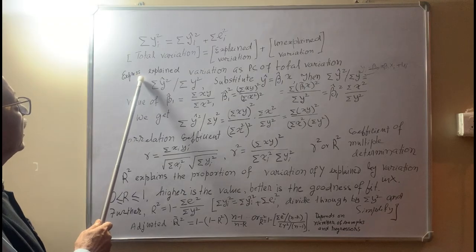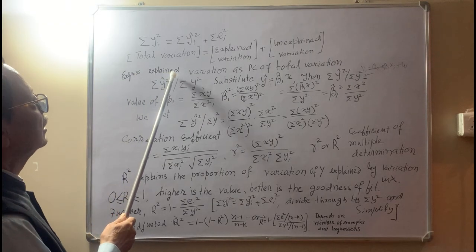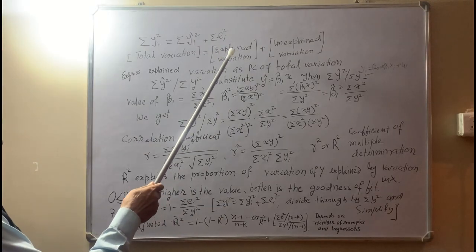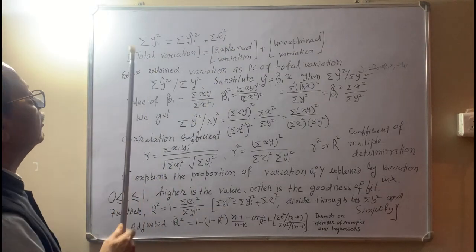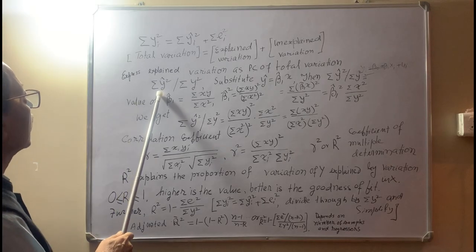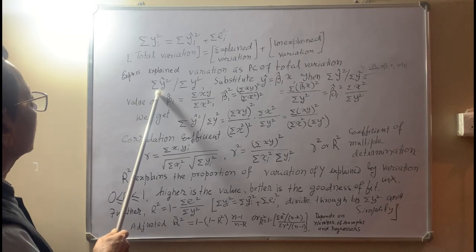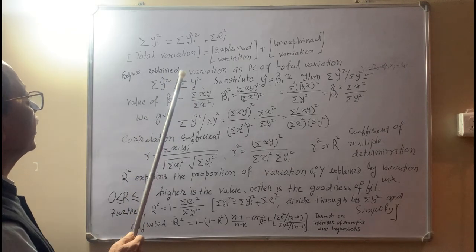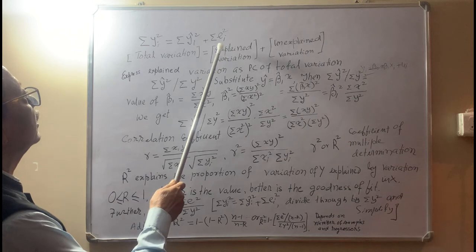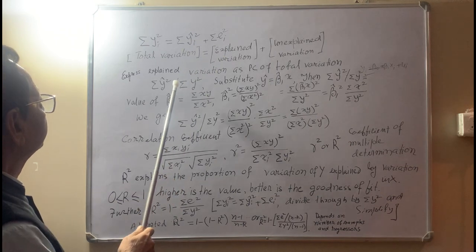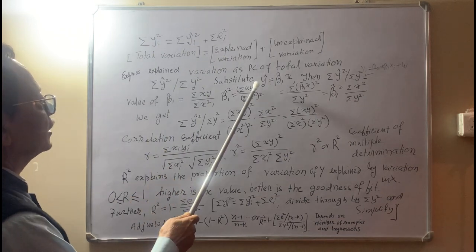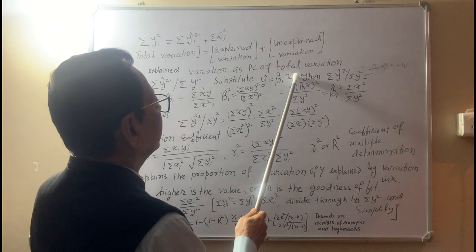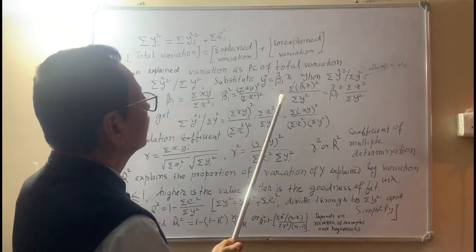Now let us express explained variation as a percentage of total variation. So what is the percentage of explained variation of total variation? This is summation y estimated square divided by summation y square. Substitute estimated y equal to beta 1 x, as we got earlier.